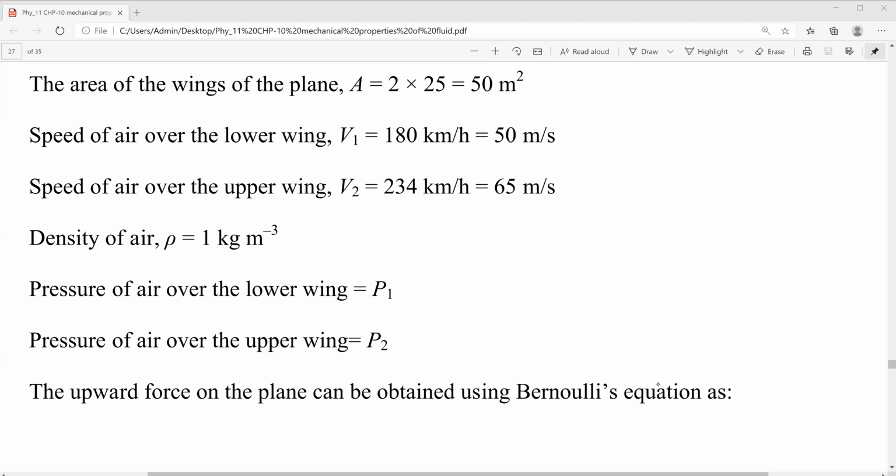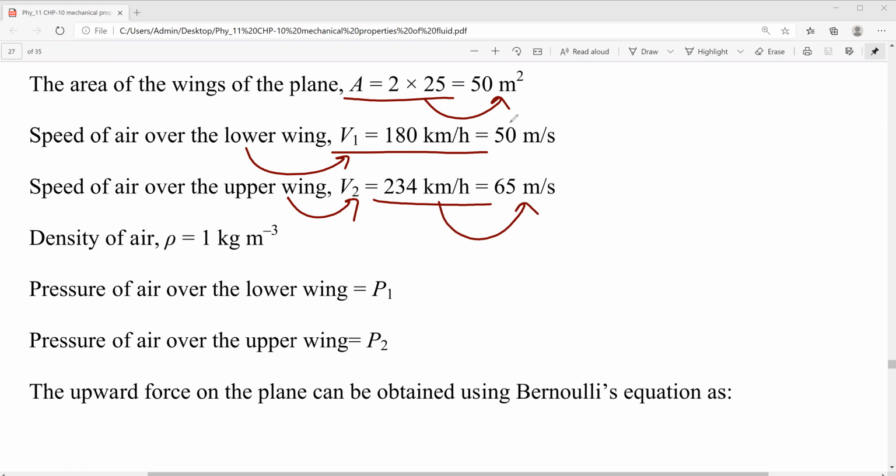And next, V2 means that is speed of air over the upper wing, they have given 234 kilometers per hour. If you convert into meter per second, we got 65 meters per second. Density of air is 1 kg per meter cube.